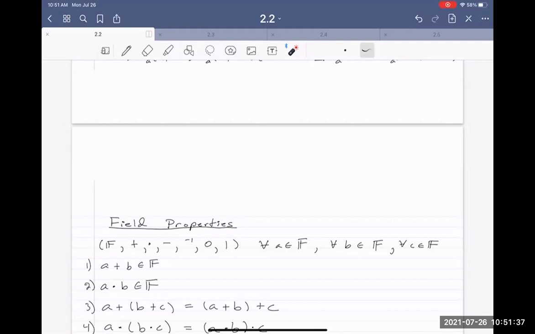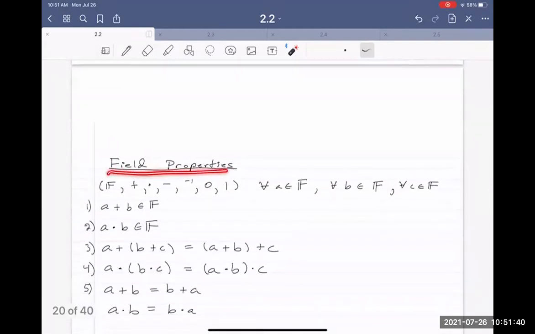And so, the field properties. Let F be a set with binary operators plus and times, addition and multiplication, meaning that addition takes two numbers and gives me another number.